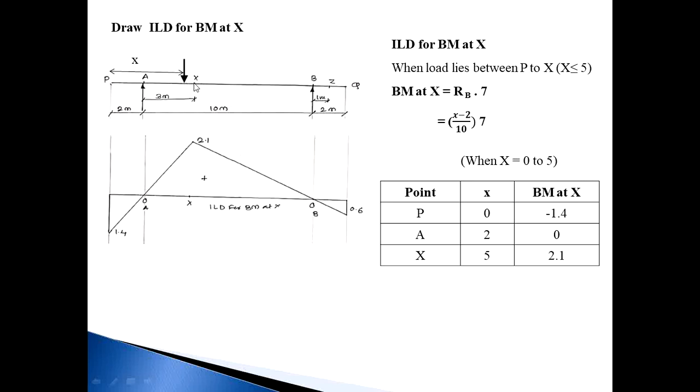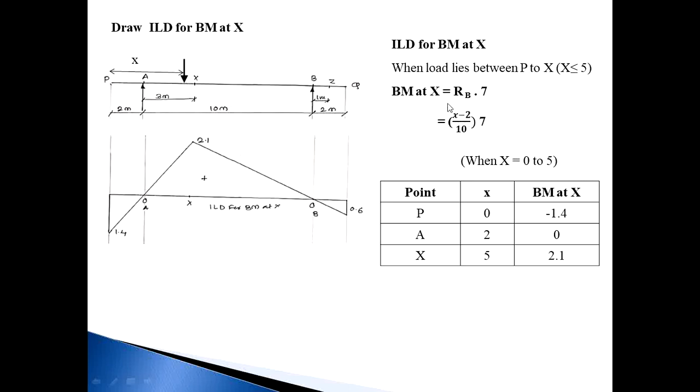So taking moment about this point X, the bending moment at X is equal to, considering the right side, the number of forces is 1, RB, and the distance from X to B is 7, because this is 3 meters, so 10 minus 3 is 7. And we know the value of RB is (x minus 2) divided by 10, into 7.